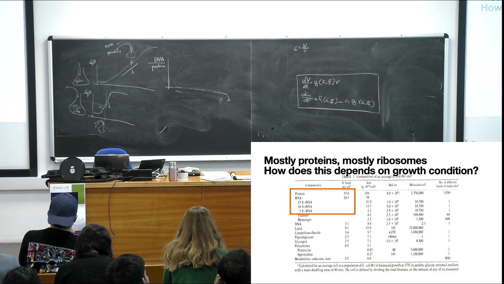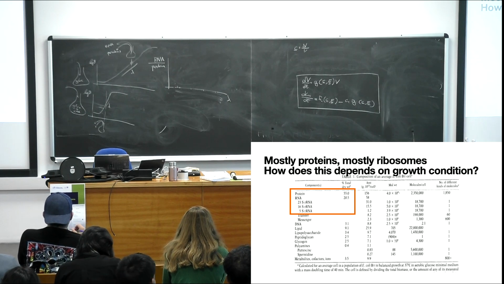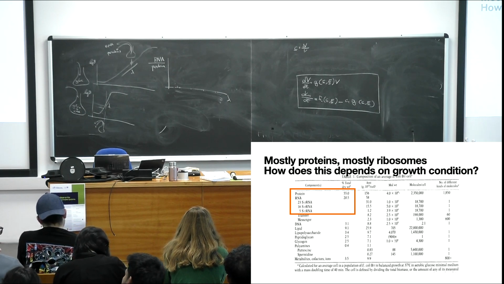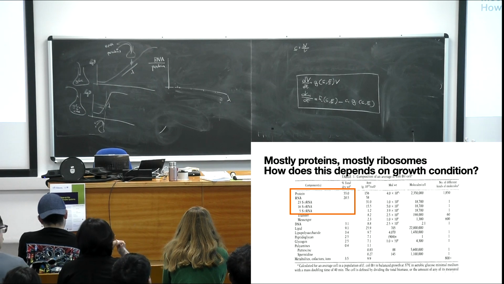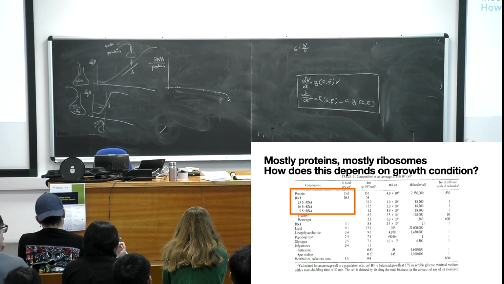You see that you have these 23S rRNA, you have all these rRNA, and then you have transfer and messenger. So the total amount is 58, whatever unit of measure this is.